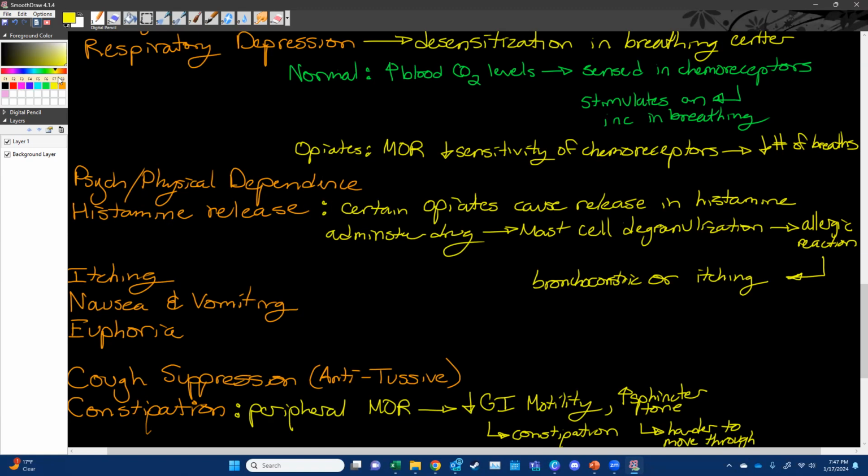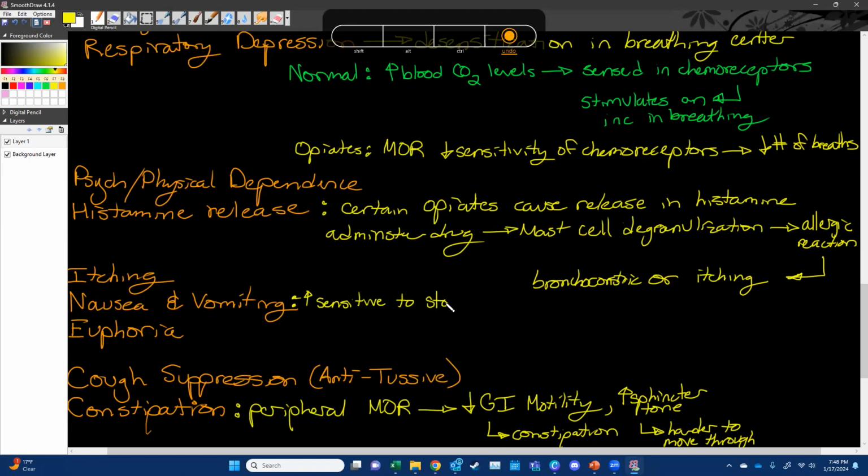I guess I will double back and talk about nausea and vomiting real quick. What ends up happening here is that while the body is becoming less sensitive to CO2, it's becoming more sensitive to stomach irritants.